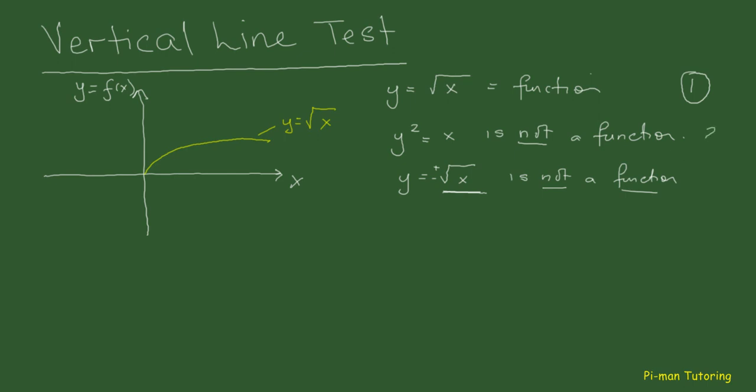Conversely, in equation number 2, we start off with no square root signs, so there is no implicit limitation on the range in this case, and therefore when we do some algebra on it to make equation number 3, we're not allowed to introduce new restrictions that didn't exist in the original equation, and therefore we must include both the positive and the negative square root, and therefore this is not a function. So be careful with that. It can get tricky.